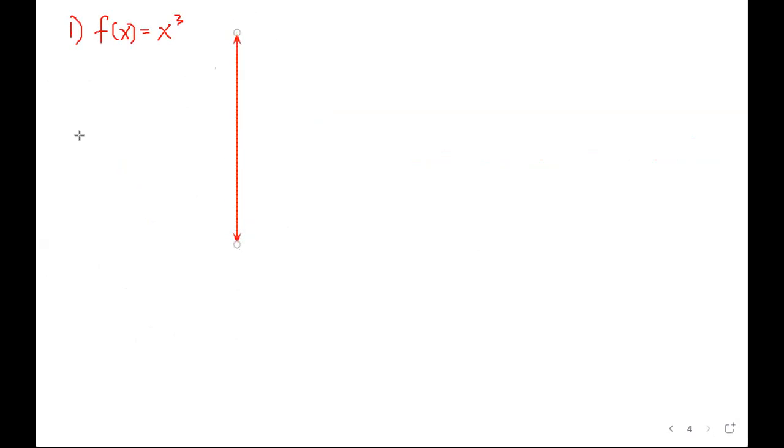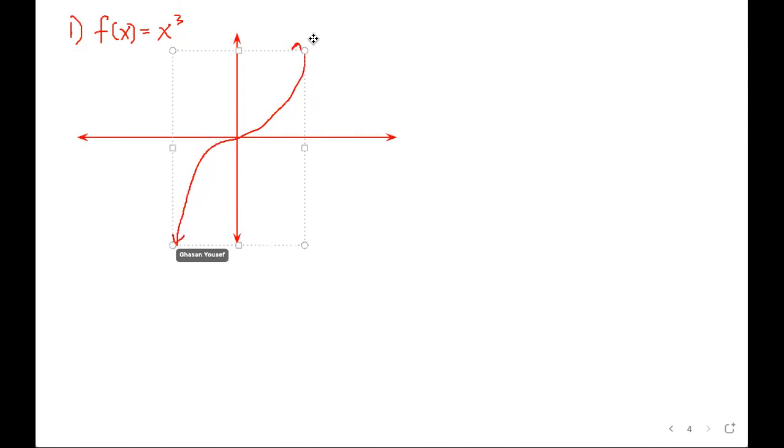So we know the graph for f of x equal x cubed is going to be something like that. So now to check if this function is one-to-one, I have to draw. Let me use a different color here.